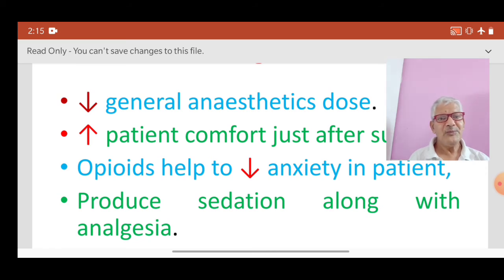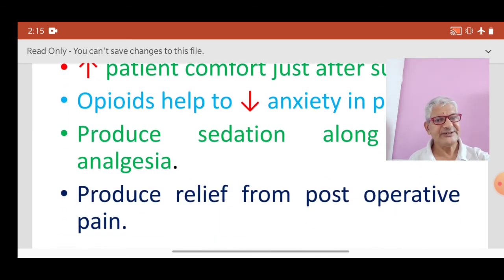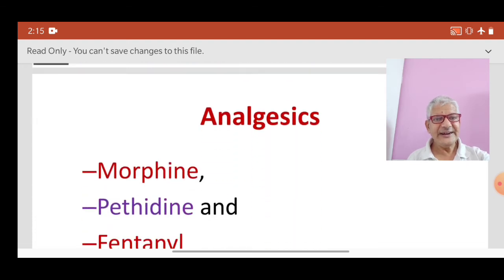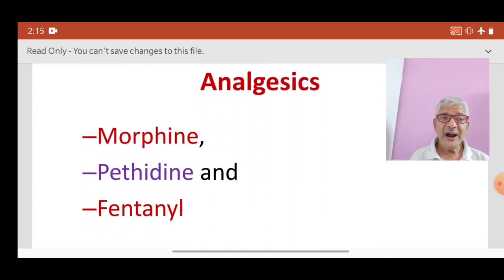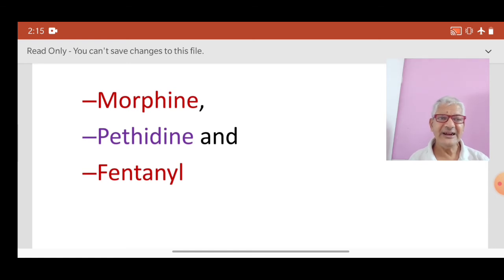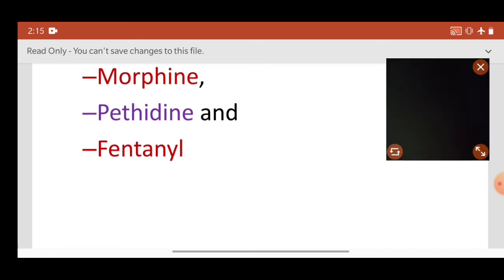Thus, the opioid analgesics are best drug that is used as pre-anesthetic medications. For example, the opioid drugs that are used as pre-anesthetic medications are morphine and pethidine. Mainly morphine and pethidine are prescribed as pre-anesthetic medications.